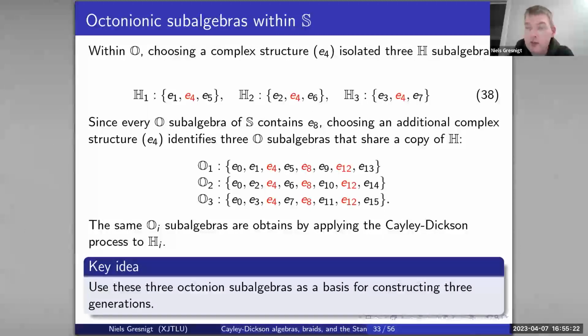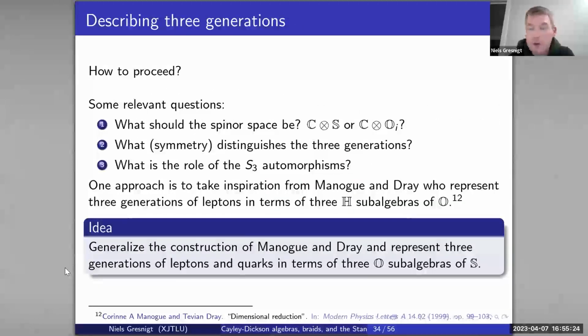So construct a CL6 adjoint algebra and then construct the minimal ideals. Some relevant questions to consider: what should the spinor space be? Should it be a complex Sedenion, or should it be 3 copies of the complex octonions, like 3 different spinor spaces? What symmetry, or how do we distinguish between the generations, and what should be the role of S3?